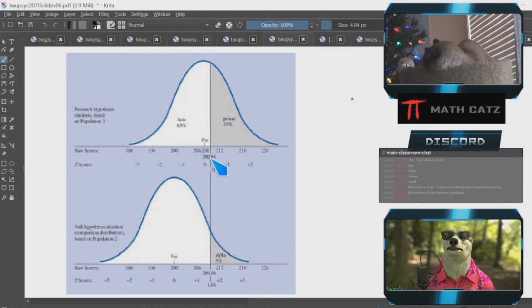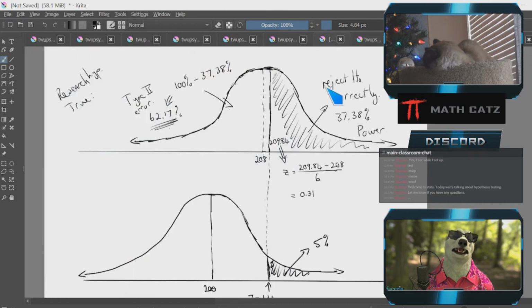The cutoff then is a different situation. We're much more likely potentially to reject when we should have. And we can calculate these two regions, power as well as type 2 error. It's a little bit prettier than my sketch. So start with the comparison distribution, follow it up, and calculate those regions.